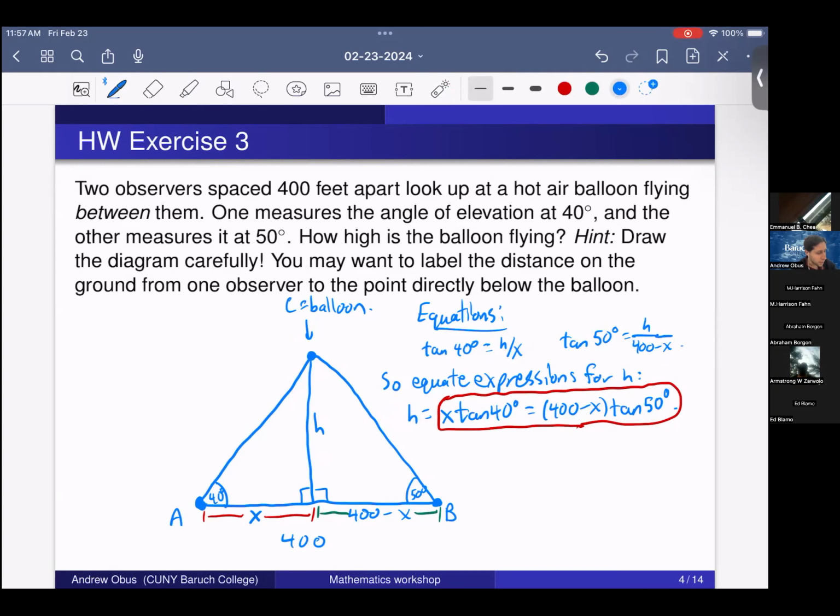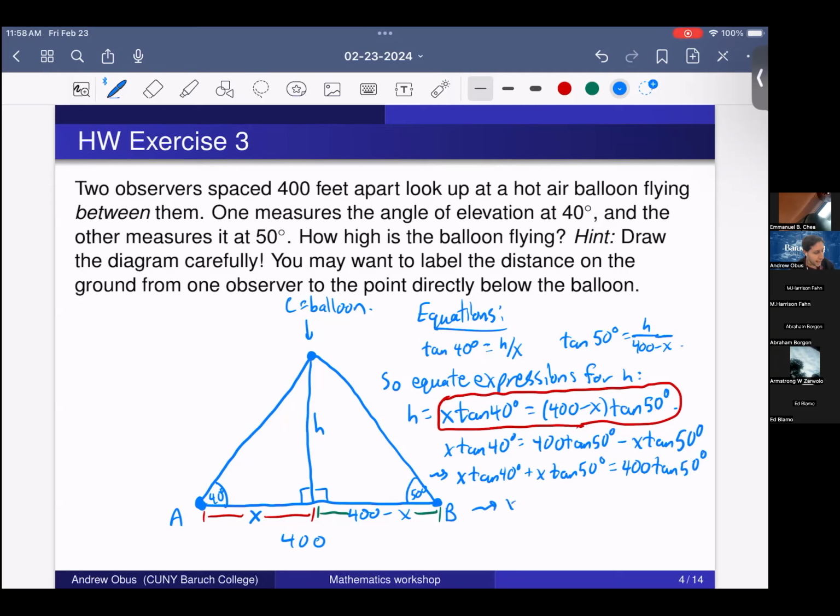Okay, so if you want to solve this equation, we have that x tangent of 40 is equal to 400 tangent of 50 degrees minus x tangent of 50 degrees. And that means that we can put the x on the other side. We get x tangent of 40 degrees plus x tangent of 50 degrees equals 400 tangent of 50 degrees.